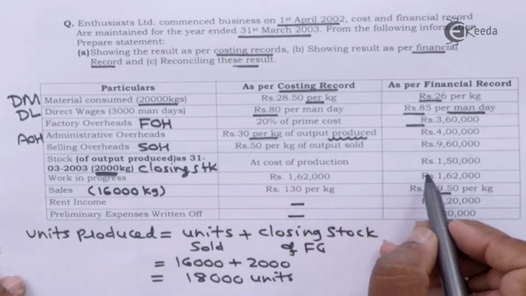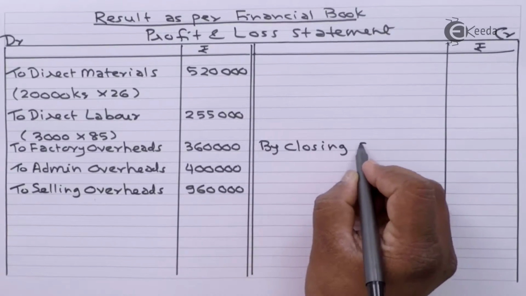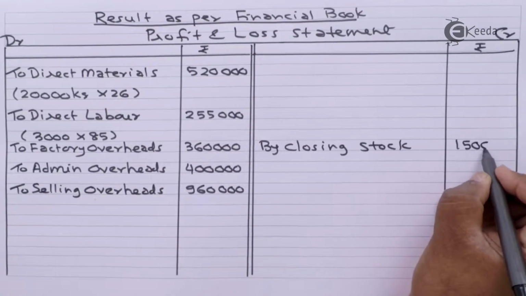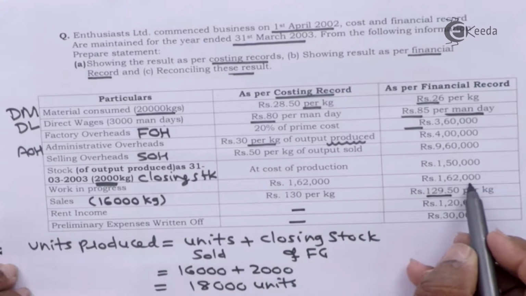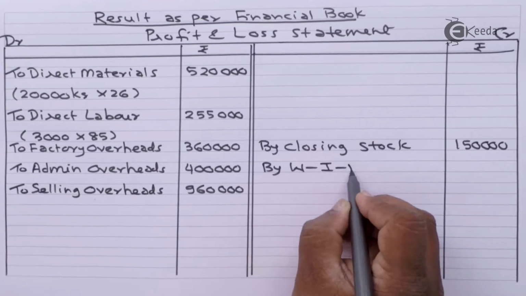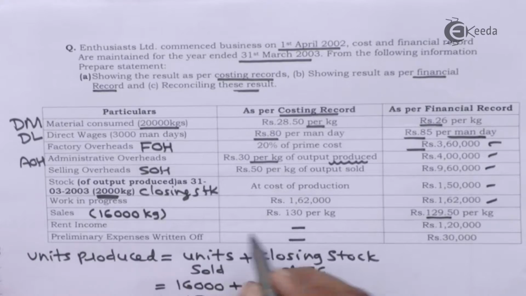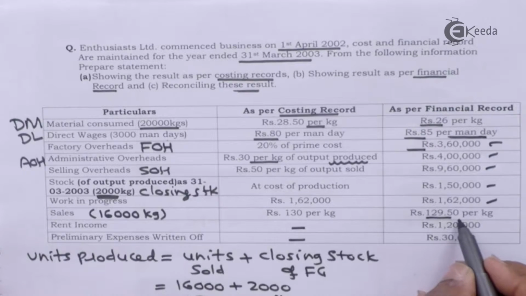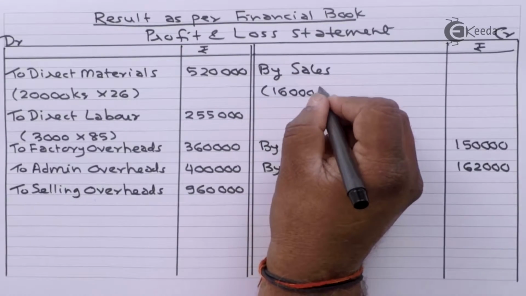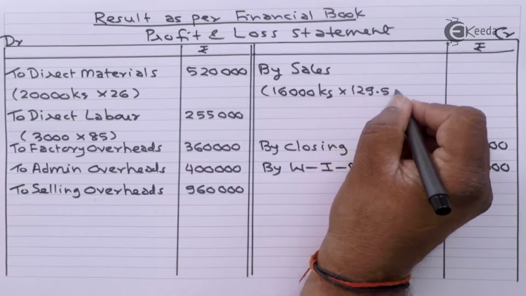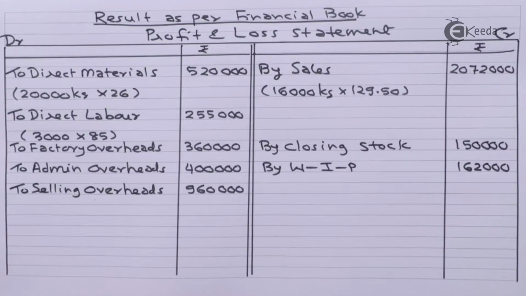Closing stock 1,50,000. Work in progress 1,62,000. Sales 16,000 kg at the rate of 129.5 per kg. Twenty lakh 72,000.